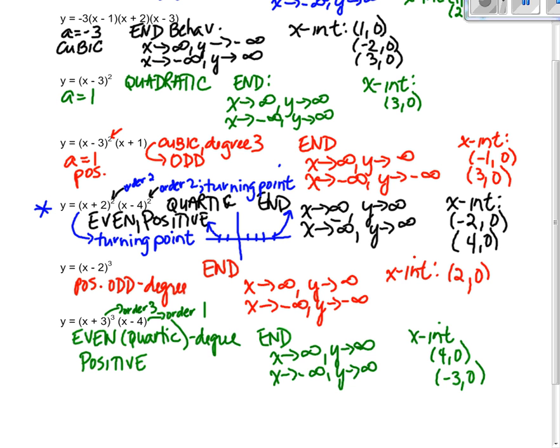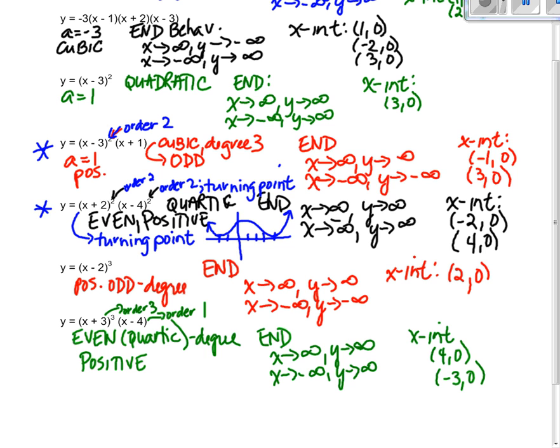And we have a turning point instead of passing through the x-axis there. This is order 2 as well. So we will have an x-intercept.